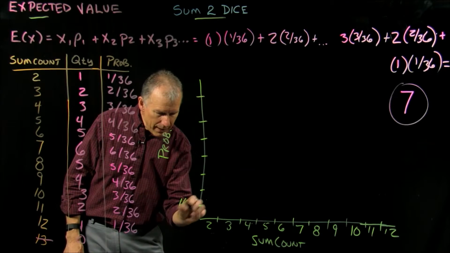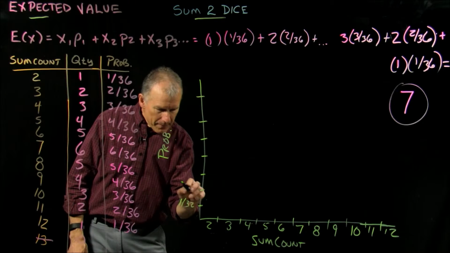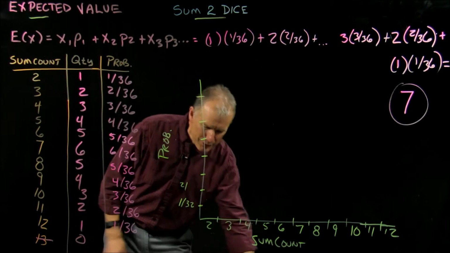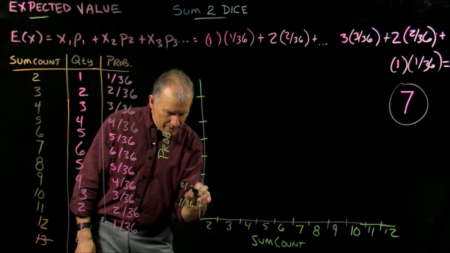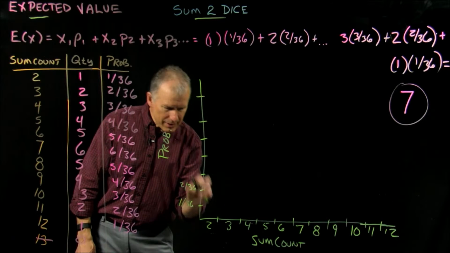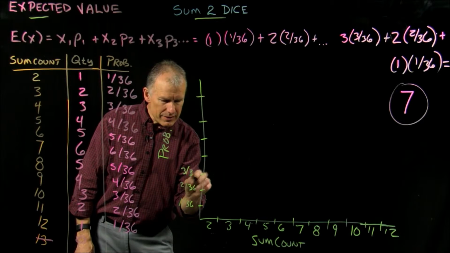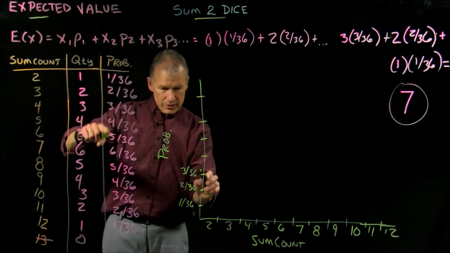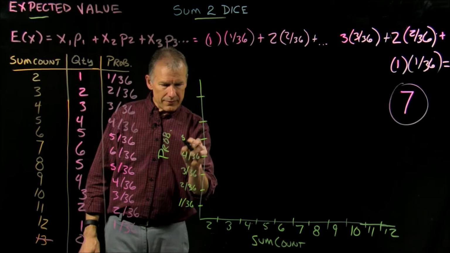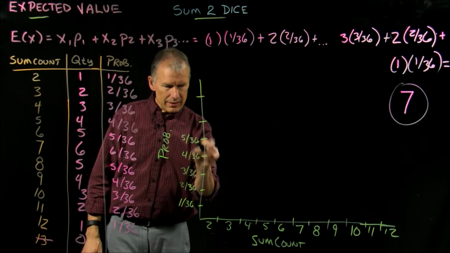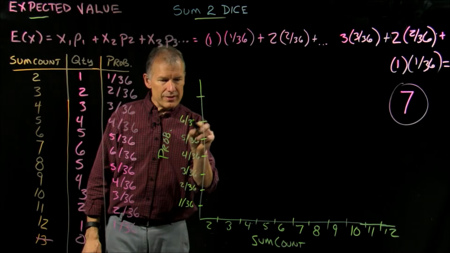So we have 1 out of 36, 2 out of 36, 3 out of 36. So we're just taking these numbers right here. 4 out of 36, 5 out of 36, 6 out of 36.